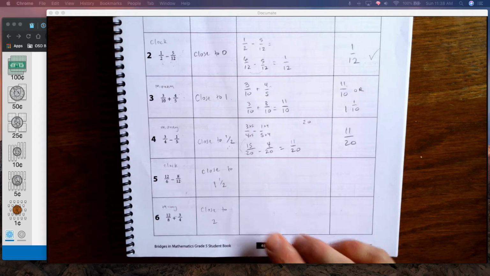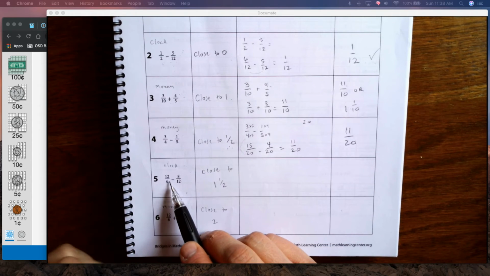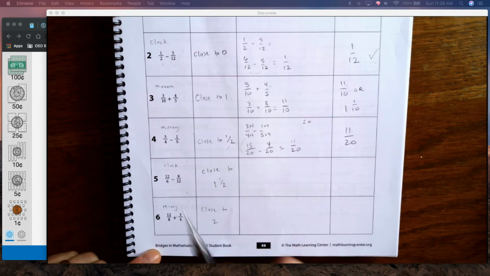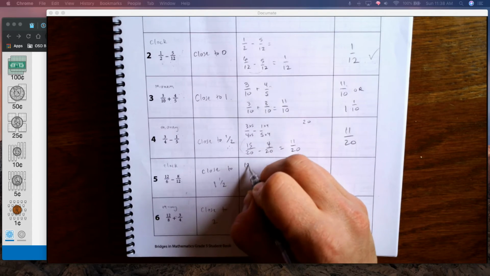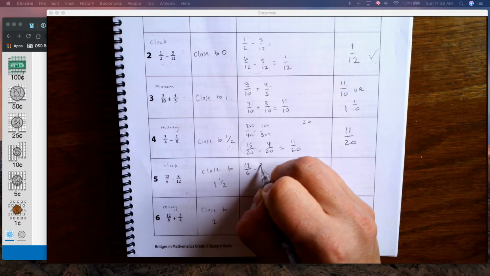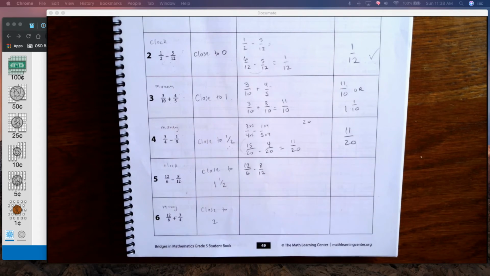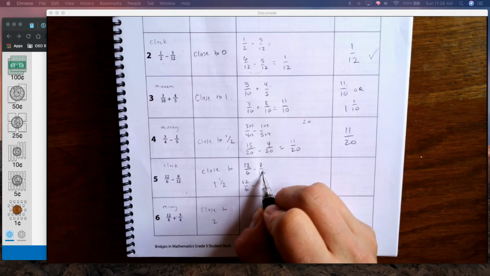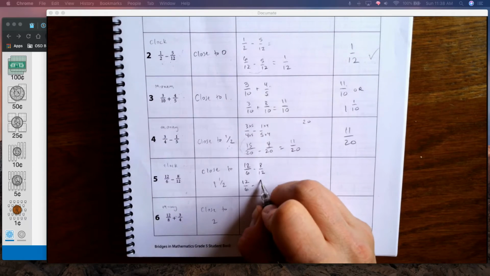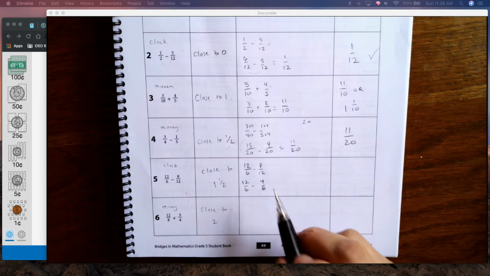Number five, 12/6 minus 8/12. You know what I want to do on this one? I'm going to keep my 12/6 and I'm going to half 8/12 to make it 6. I think that's what we did before.